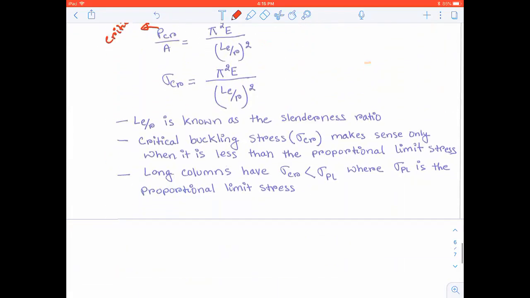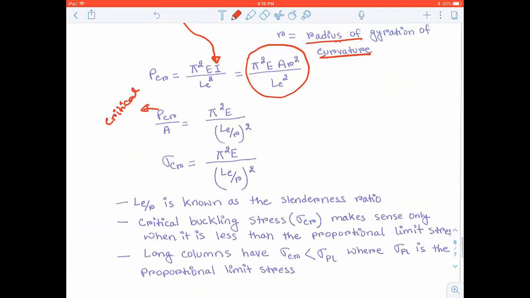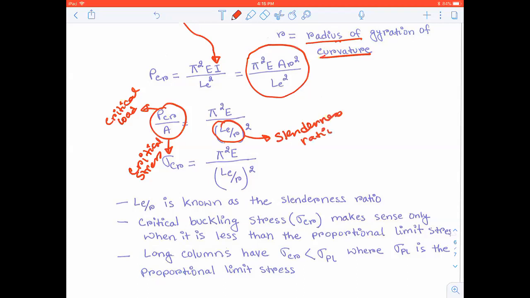Critical load divided by A is your critical stress on your column. And this ratio has a special name called slenderness ratio.